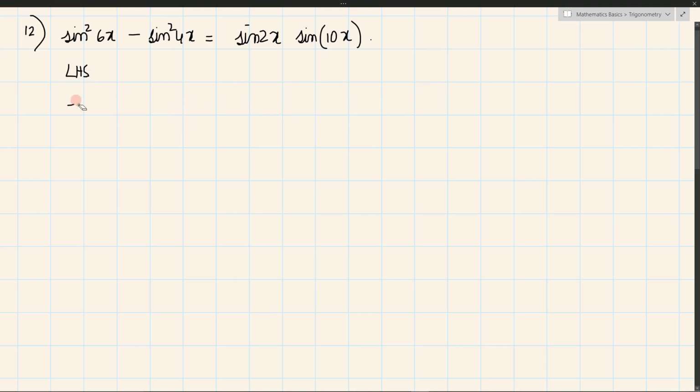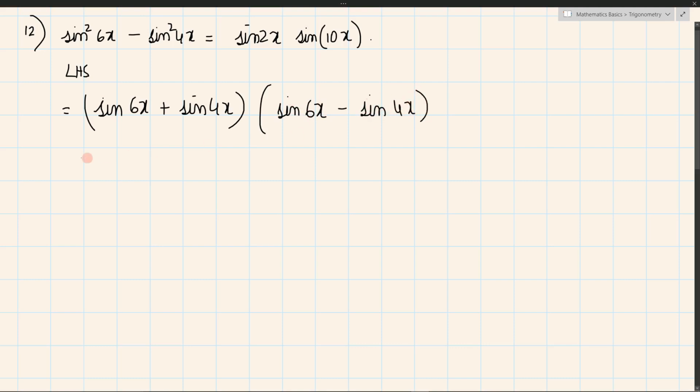To make it more clear, I can write this as sine of 6x plus sine 4x multiplied by sine 6x minus sine 4x.